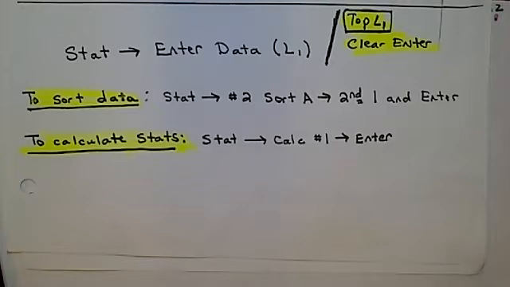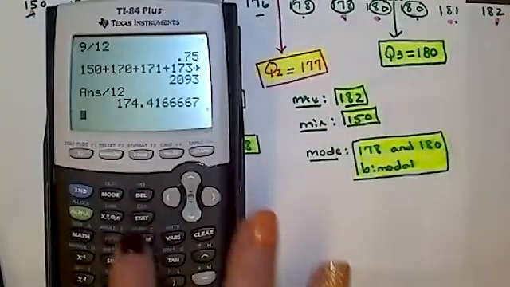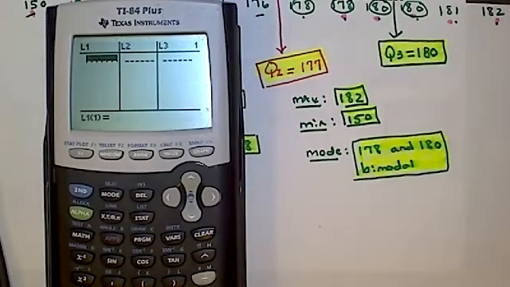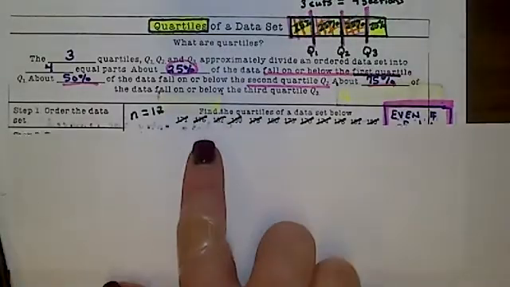So if I have gone too fast, just pause now because I'm going to go to the calculator. Okay, so I'm going to go to Stat, Enter, and I'm going to clear my list. And I'm going to type in the list just as it was on the paper, before I marked those out.